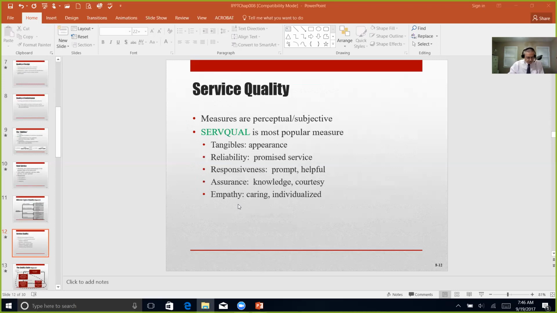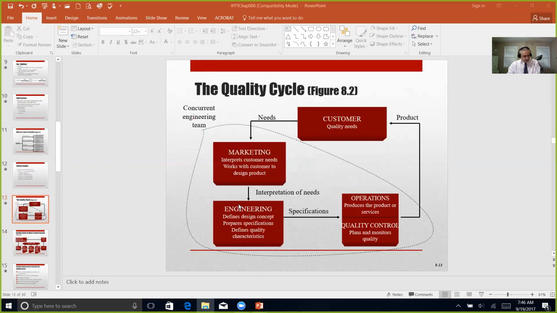And as you can see over on page 168, we have this figure that talks about these concepts and how they are used to ensure that the customer quality needs are met. And you see on this dotted line are those attributes.